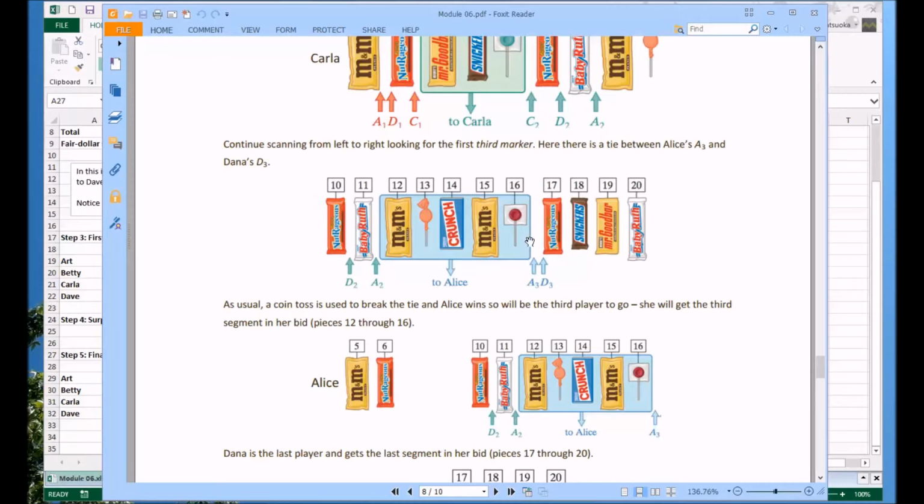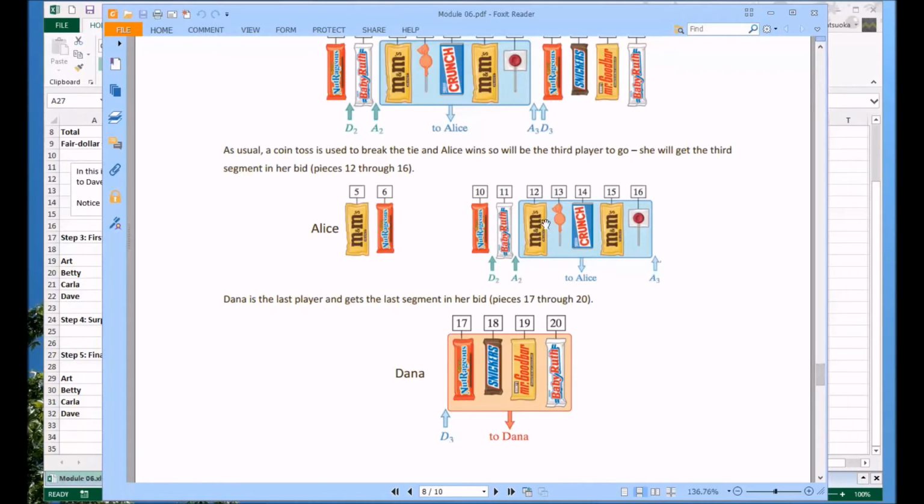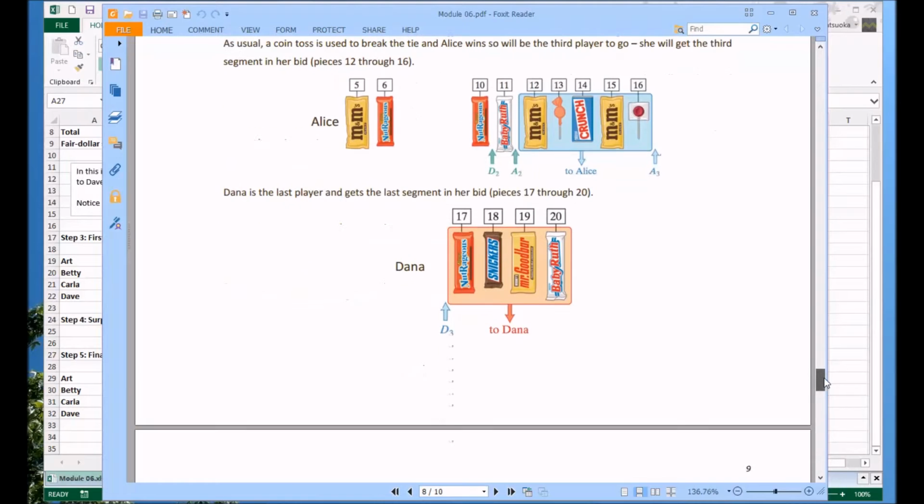Well, you just flip a coin. And it so happens that Alice wins this battle. So Alice gets the segment between 12 and 16. And Dave gets 17 through 20. That's his segment. Or Dana. I keep saying Dave, but it's Dana.